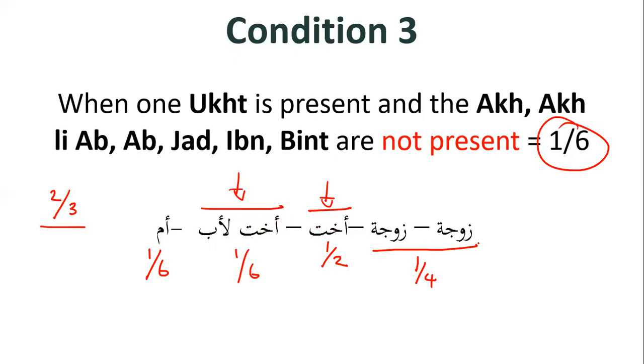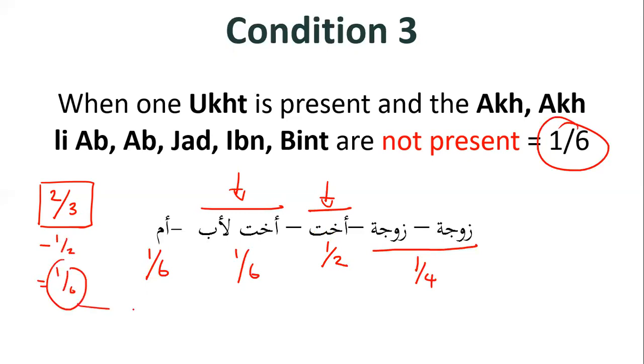So over here, as we're answering the questions, we see 2 ukhts pop up. Over here, the first ukht, we know her conditions, we can assign her 1/2. And we also know that the maximum that can be given to all the sisters together is 2/3. And from 2/3, once you take away a half, you're left over with 1/6.